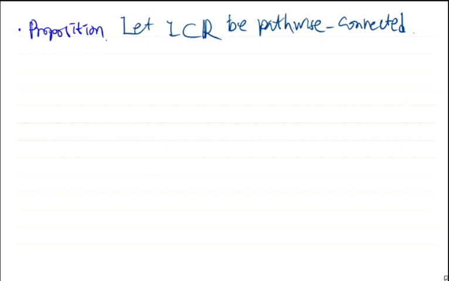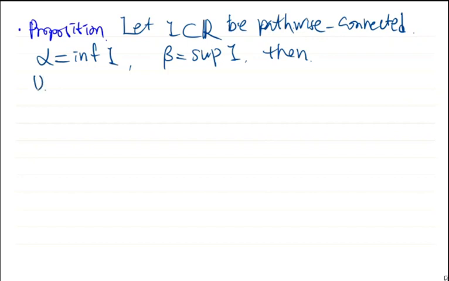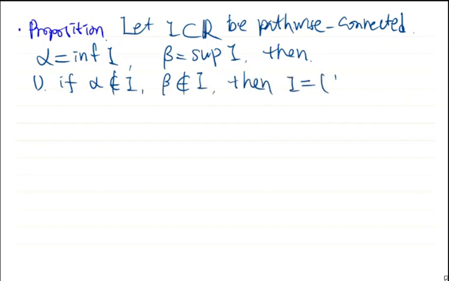Now we denote alpha to be the infimum of I and beta to be the supremum of I. Then we have the following conclusion. The first case, if alpha does not belong to I, beta also does not belong to I, then I is the open interval (alpha, beta).